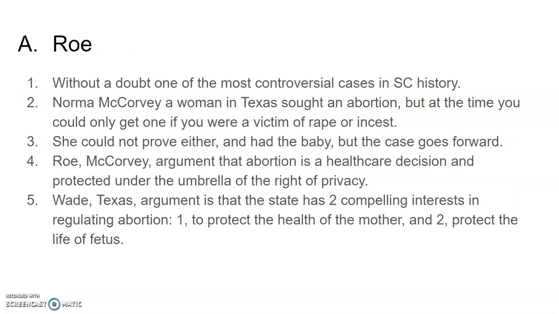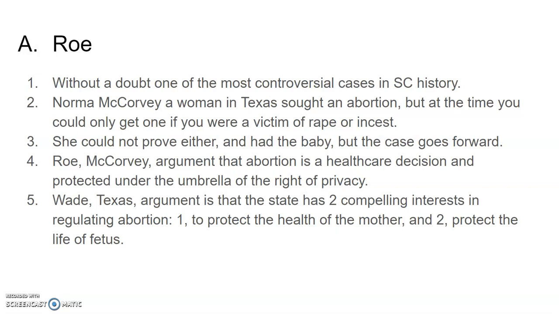So the whole case: a woman named Norma McCorvey, in Texas, was seeking an abortion. In Texas at that time, you could only get an abortion if you were a victim of rape or incest. She was neither, so she was suing to state that this umbrella of a right to privacy extends to her ability to choose whether or not she wants to go to term with her pregnancy.